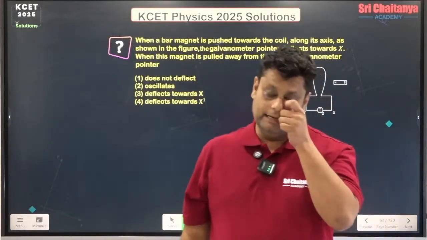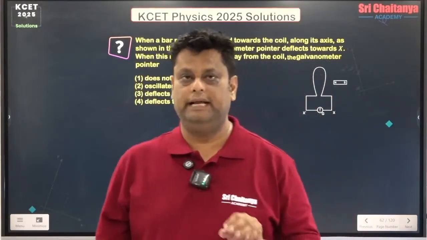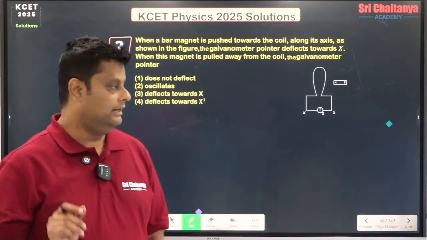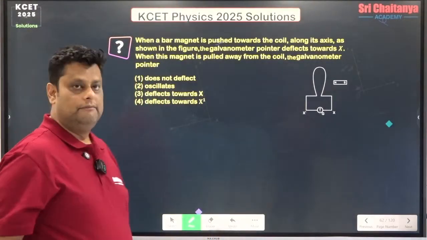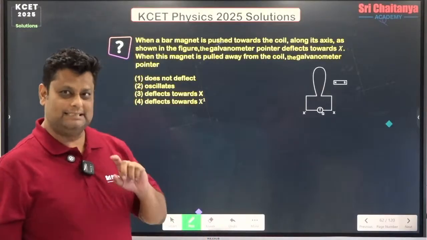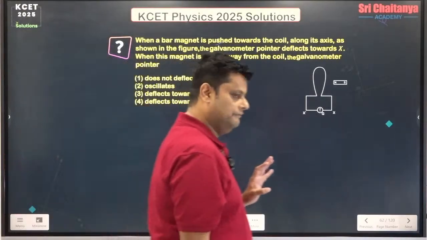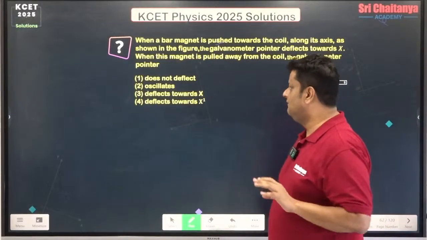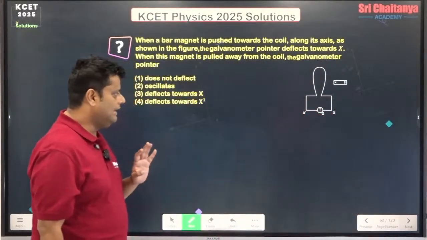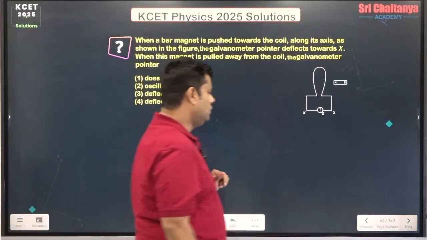Please hurry up, students. If there is any problem or technical glitch, just write it down in the chat box and we'll take care of it. We also have the chemistry paper, so please stay with me. I have to cover these questions within a limited time period, and we are already running short of time.